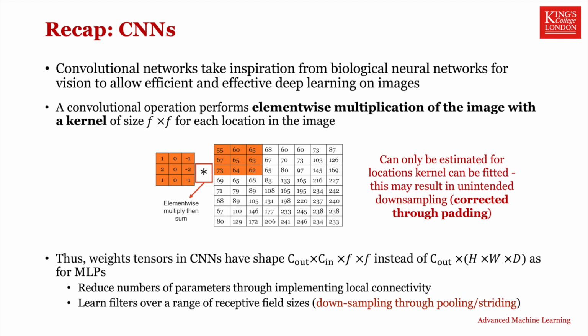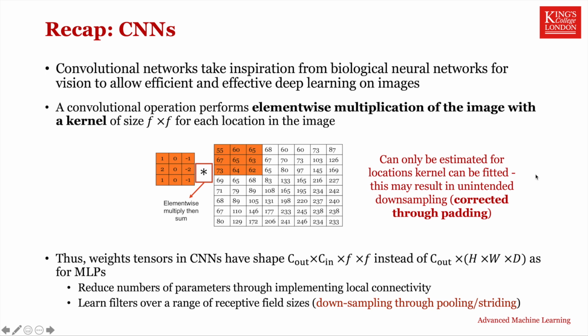The weights tensors for CNNs therefore have shape output channels by input channels by filter dimensions, which are typically consistent in each of the directions. When compared to the weights dimensions of an equivalent fully connected layer, which connects to every height, width, and depth location in the input, this significantly reduces parameters.